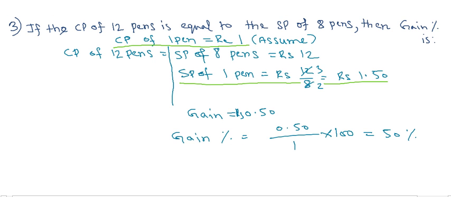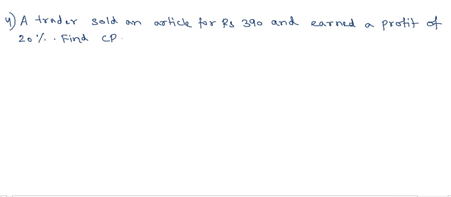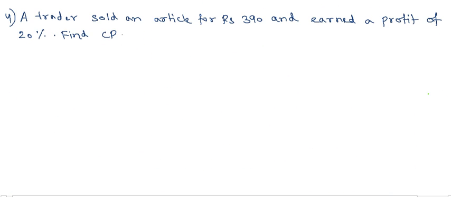Now let's move on to the next problem. A trader sold an article for rupees 390 and earned a profit of 20%. We have to find the CP. We can find CP by using the formula that we showed earlier, that is 100 multiplied by SP.